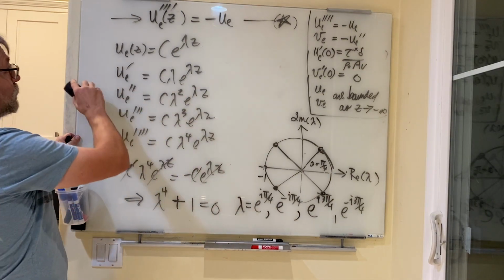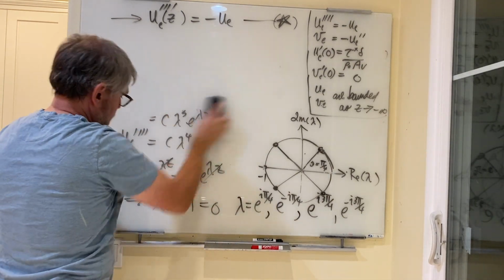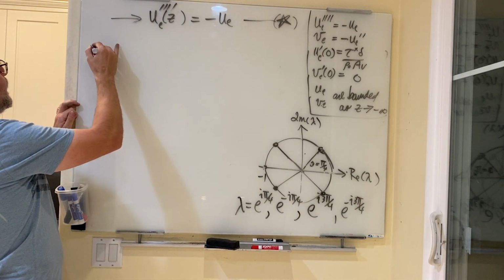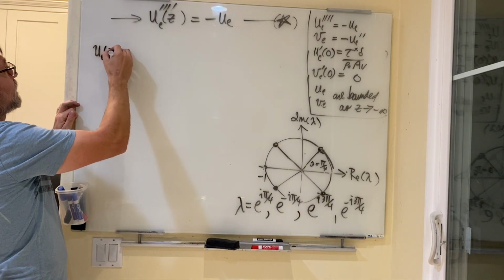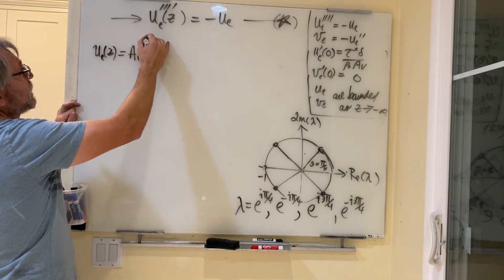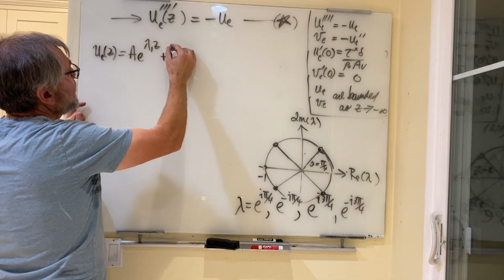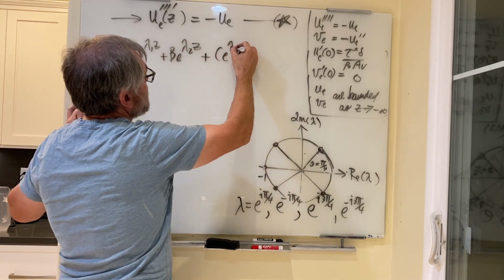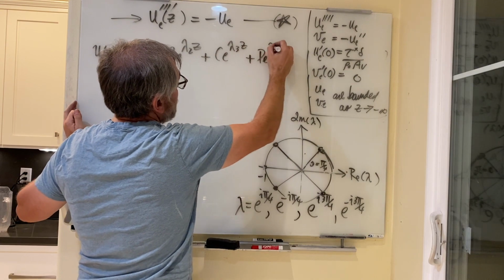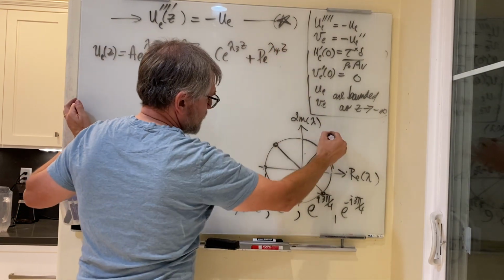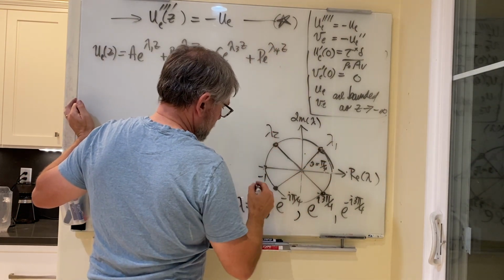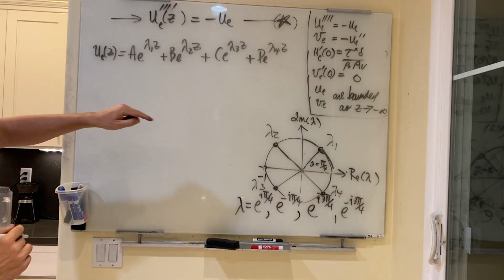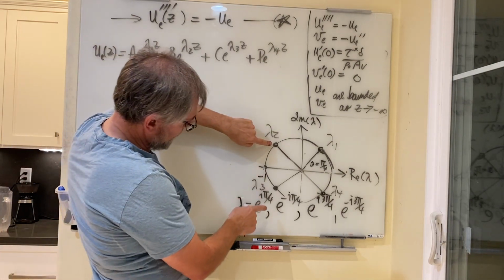The solution is going to be u_e of z equals a e to the lambda 1 z plus b e to the lambda 2 z plus c e to the lambda 3 z plus d e to the lambda 4 z, where this is lambda 1, lambda 2, lambda 3, and lambda 4.